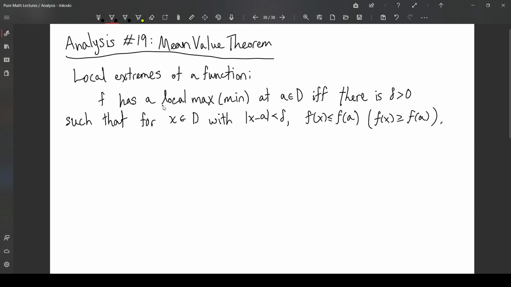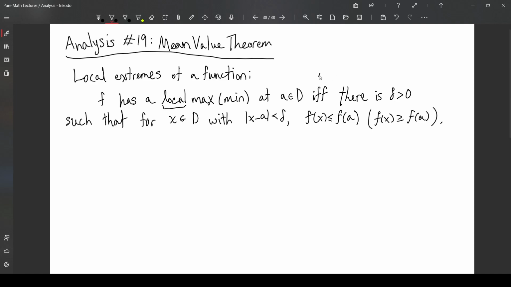The idea of the term local, which is an important term if you study topology or analysis, is that it may not be the largest value the function attains over all of its domain, but compared to values very close to that point, it is no less or no more than that one point.